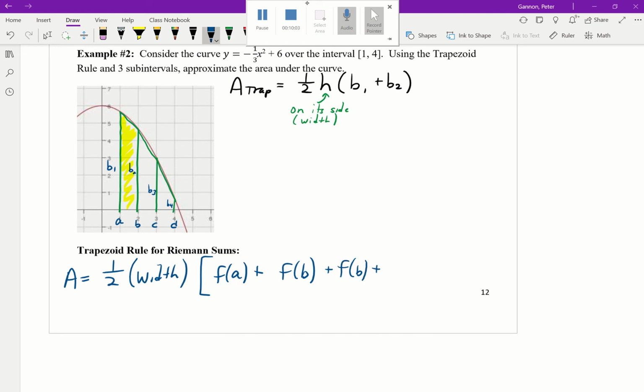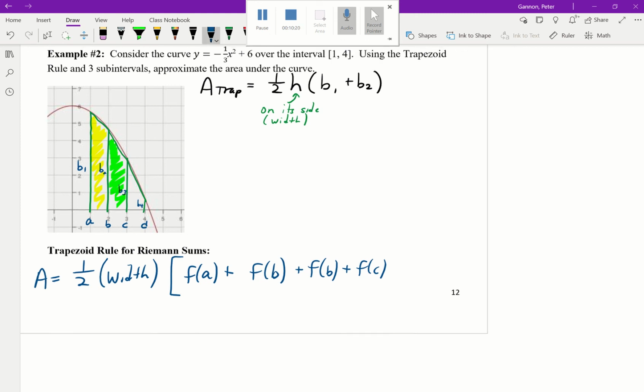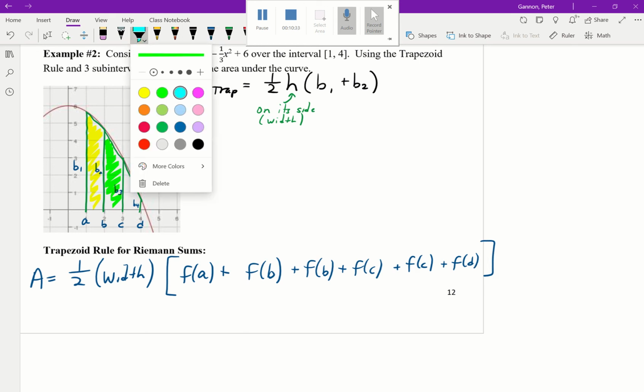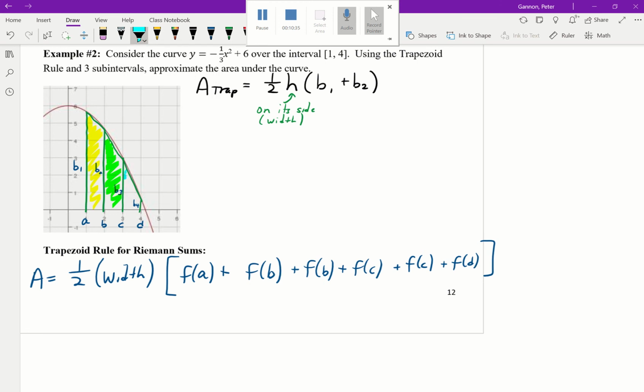But f of b plus f of c, so that right there would now be taking care of that trapezoid. And then we have another trapezoid, which would have bases, in this case, f of c and f of d. Now, we're going to simplify this in just a minute. But the last one that I just found would correspond to this trapezoid in this example.